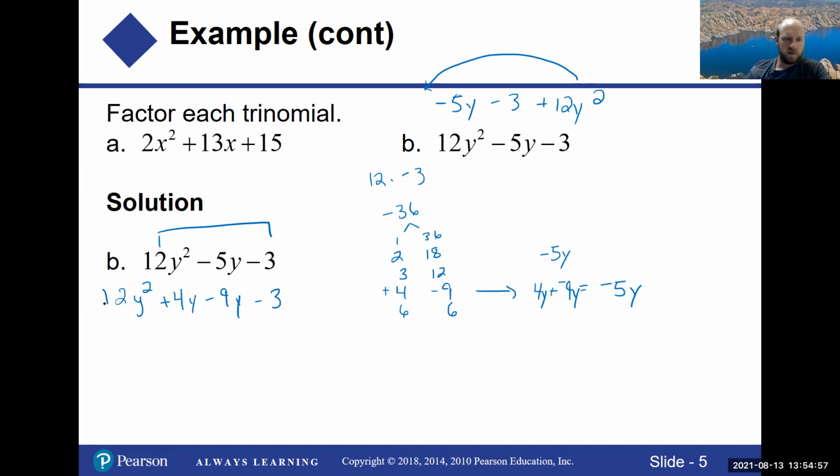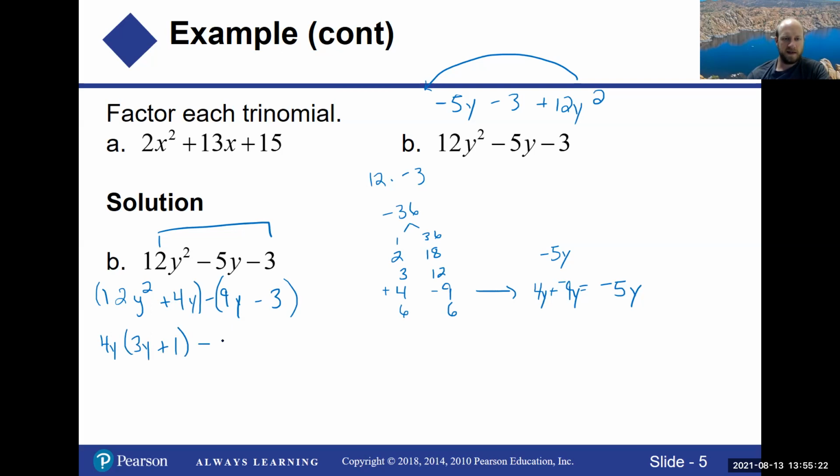Now I'm going to group it, right? So I group these two together and I group these two together. I'm kind of skipping a step there without writing it out again. Hopefully you can follow. And then I take out the common factor of 4y in this one. So I have 3y plus 1. It's a good placeholder there. And then I keep the negative sign.